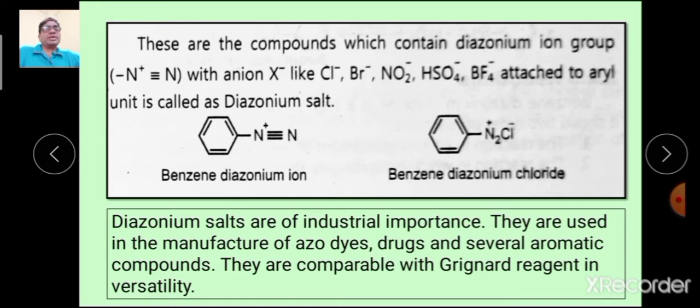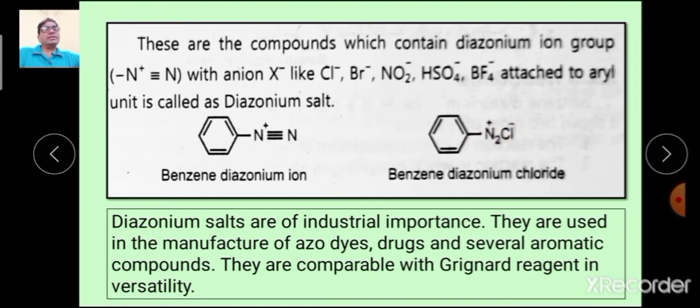First one is benzene diazonium ion, and when it is converted into benzene diazonium chloride, this is a benzene and this is a diazonium chloride.